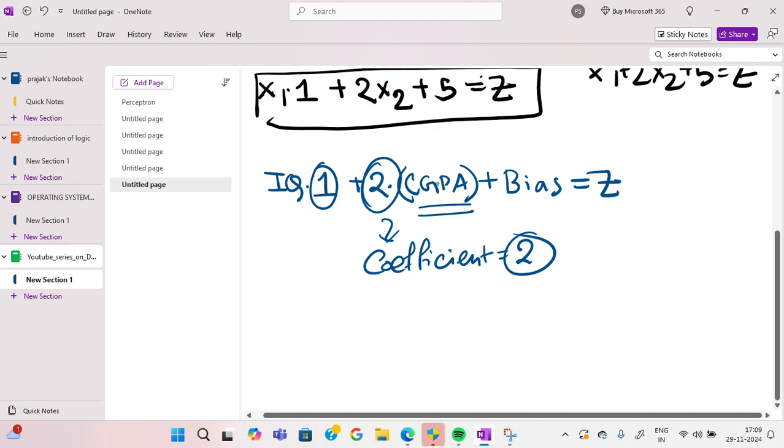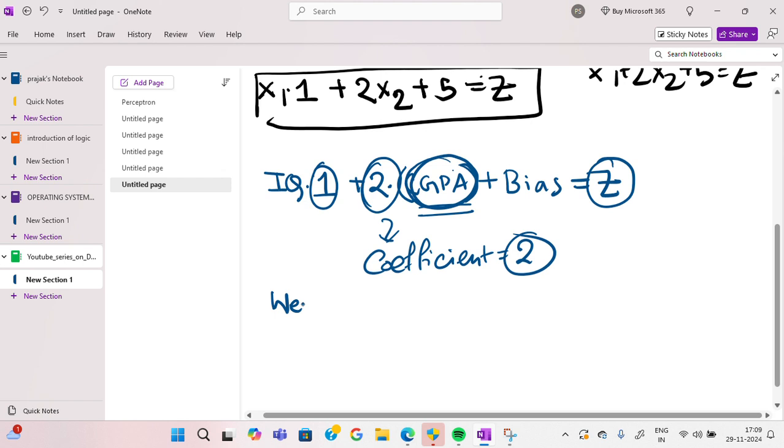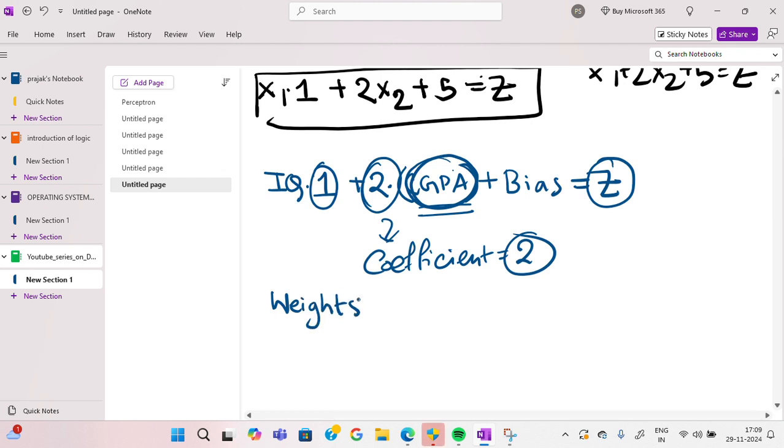So we can easily consider CGPA a more prioritized value to determine the value of Z, because the coefficient of CGPA is higher than the coefficient of IQ. So to determine the value of Z, CGPA is more responsible than IQ. So that's the case of weights.